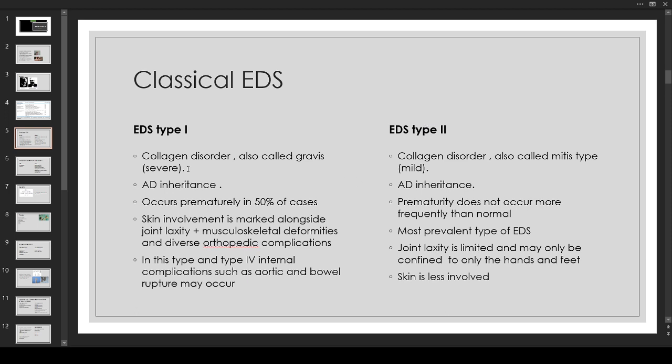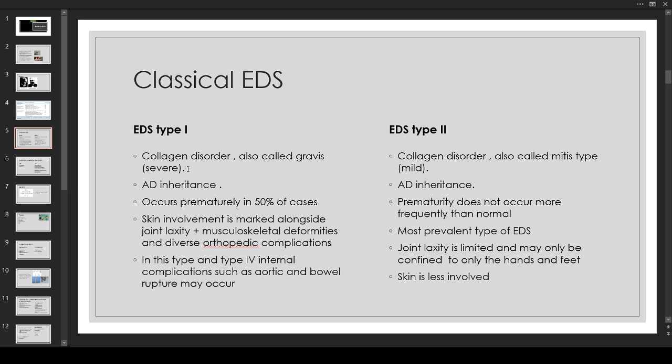Type 1 is a collagen disorder, also called gravis or severe, and it is estimated to occur in 1 in 20,000, and its occurrence in prematurity is in about 50% of the cases. In this type and type 4, which we're going to get into later on, internal complications may happen, such as aortic and bowel rupturing.